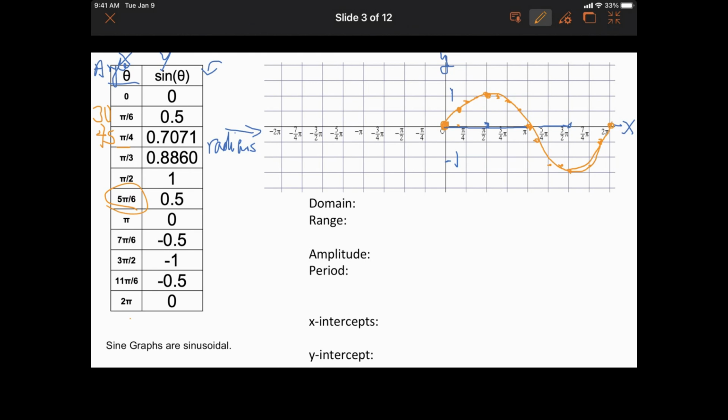Okay. And you're like, well, what about the other side? Well, remember, it still has that cycle. So if we started over here, right, at this number, it would be up here. And here it would be, oh my gosh, I'm so sorry.